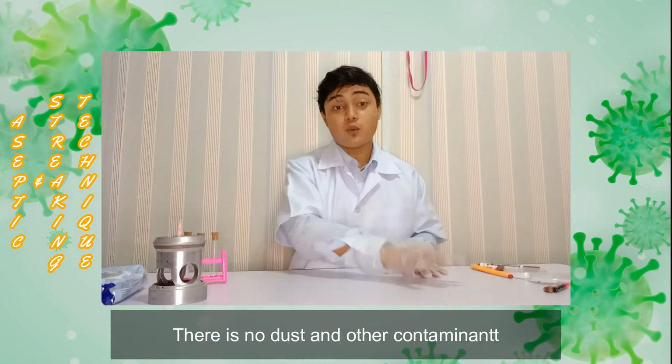After we finish, we can throw our tissue in the bin. This step is very important in the early stage of our experiments because it makes sure there is no dust and contamination on our workbench.